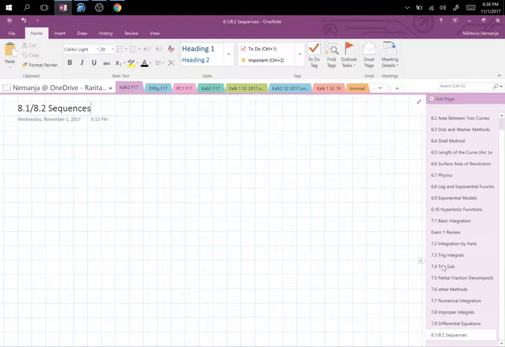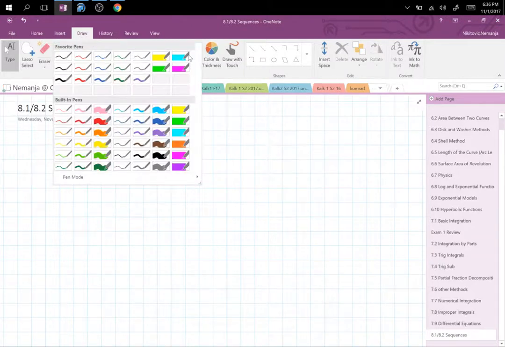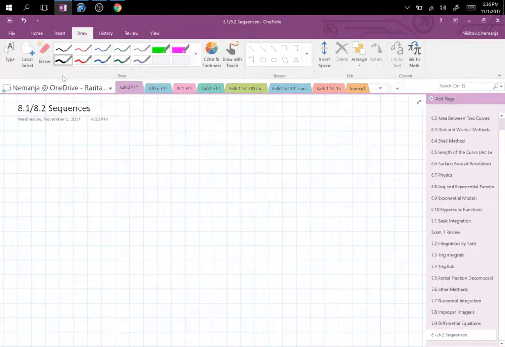So we start with the definition, which I might put on a test for you to state: a sequence is an ordered list of numbers.